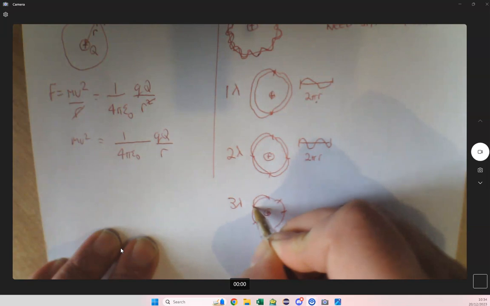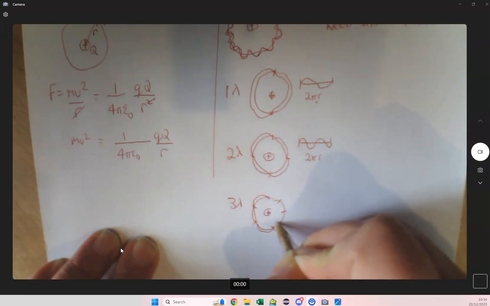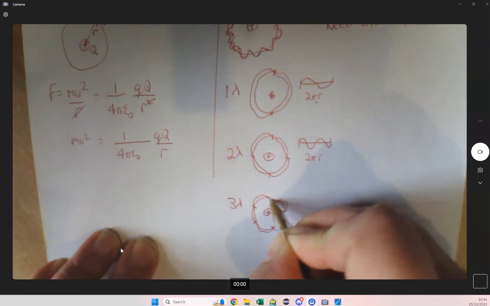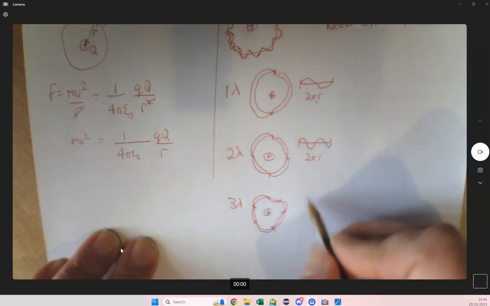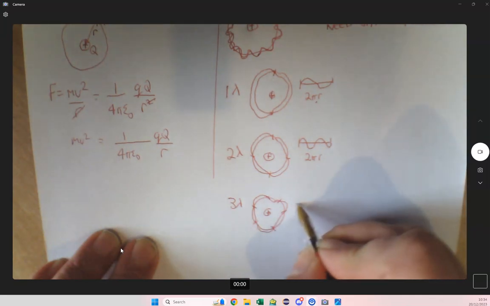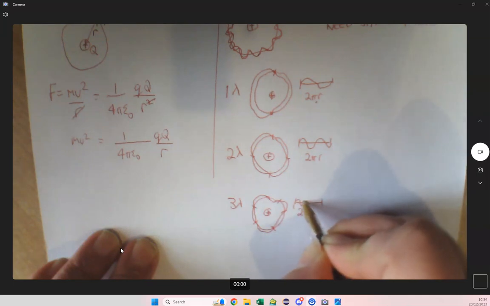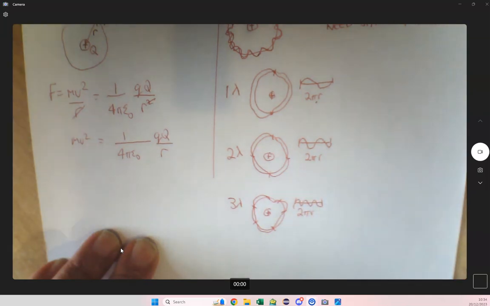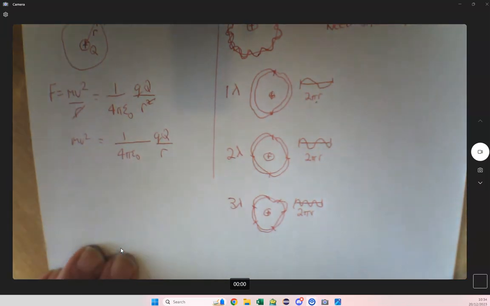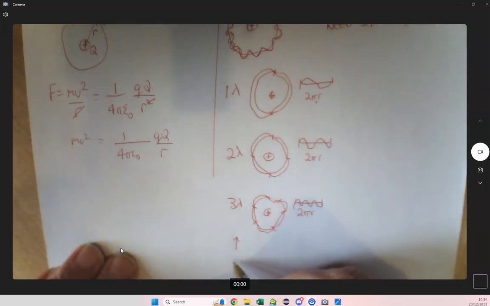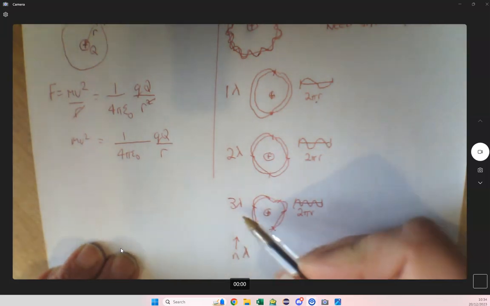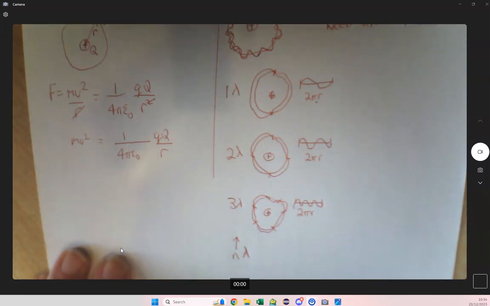So I go above, underneath, above, underneath, above, underneath. So in this case, my whole distance, 2 pi r, would now be 3 wavelengths. And there's a scenario coming here, as you can see, where this is n lambda, in terms of n number of whole wavelengths to make a stable orbit.